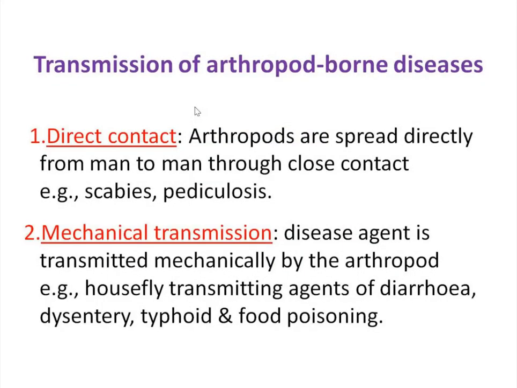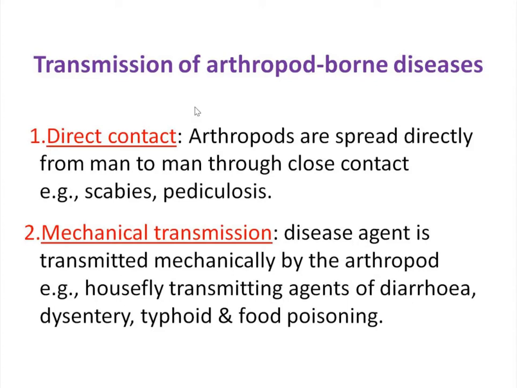Direct transmission is nothing but the arthropods spread the diseases directly from man to man through close contact, like through touch or any other ways. Through close contact, it directly transmits the disease from one person to another person. Examples for this are scabies and pediculosis.